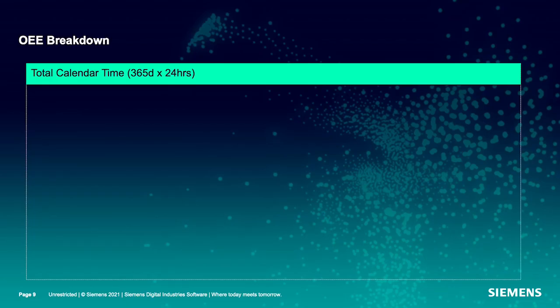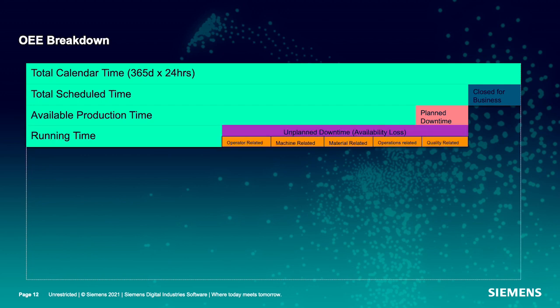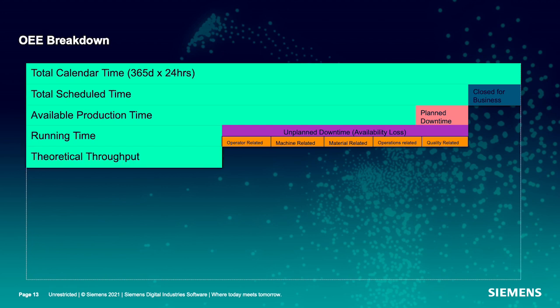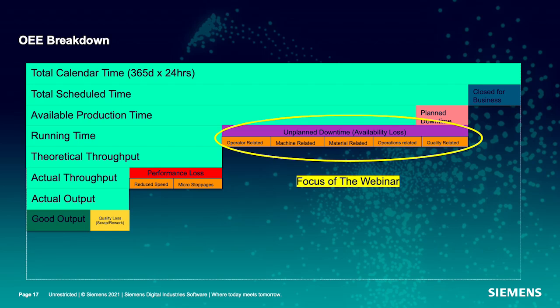We have a total calendar time, a scheduled time, available production time, which may include some planned downtime, running time, which constitutes some unplanned downtime, and that could be operator related, machine related, material related, quality or operation related, theoretical throughput, actual throughput, which may include some performance loss, actual output, and finally good output, which accounts for quality loss. The focus of our webinar is on unplanned downtime.